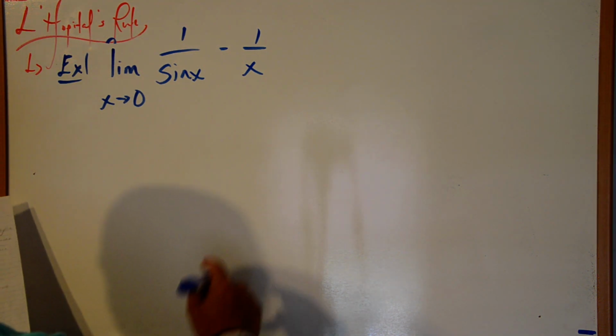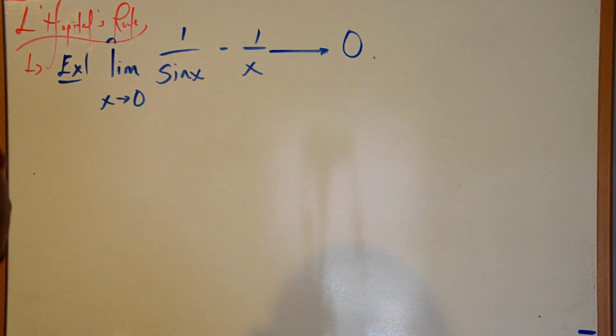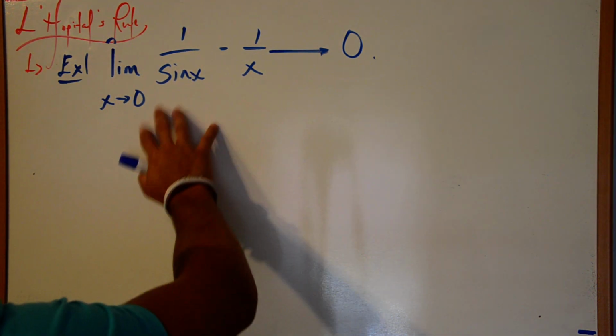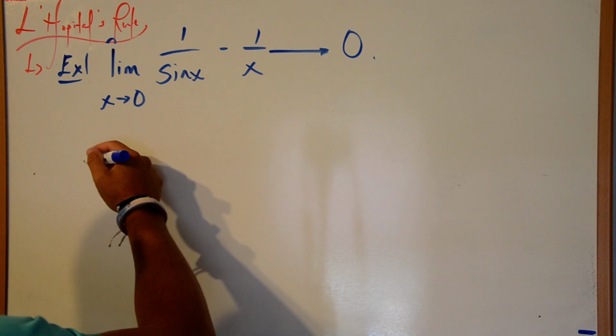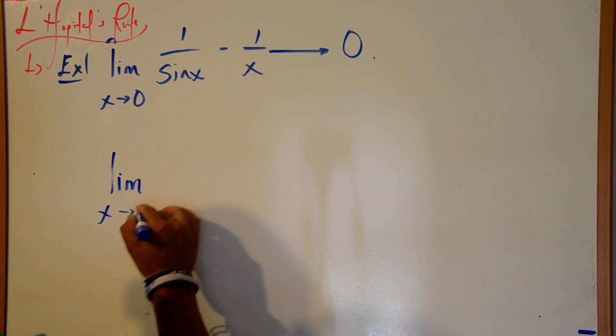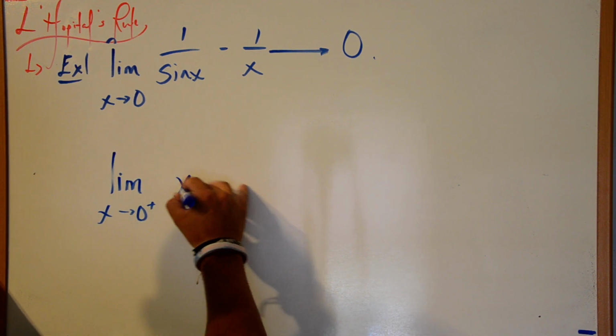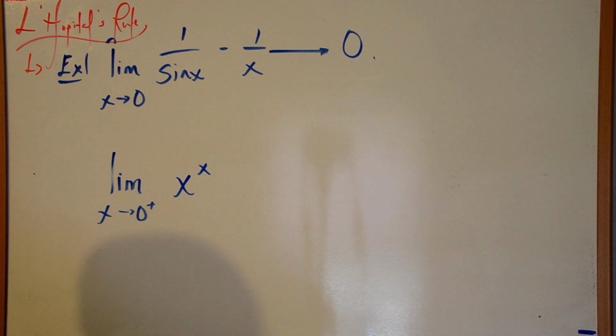Your value there should be 0, right? So the limit of this function should tend towards 0 after you work out your magic. And we also have the limit as x approaches 0 from the right of x to the x. Whoa boy, that's a tough one.